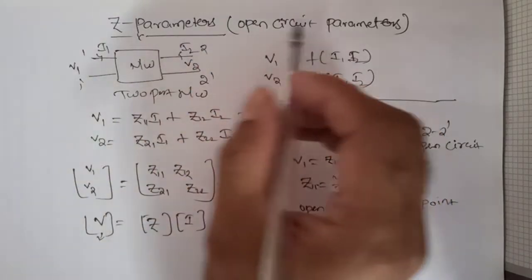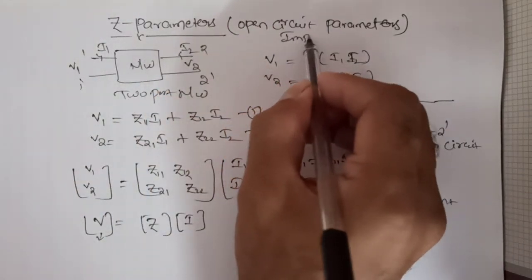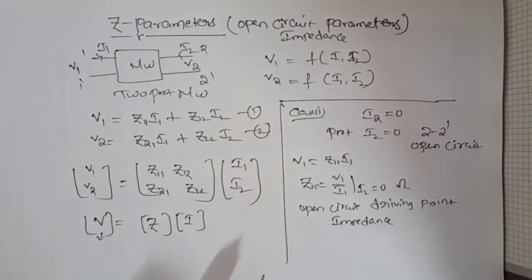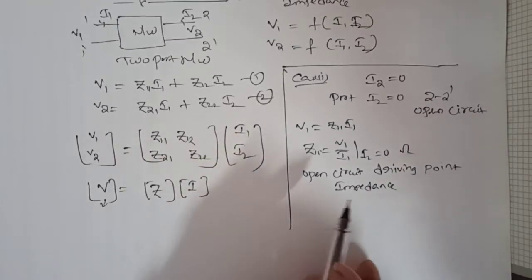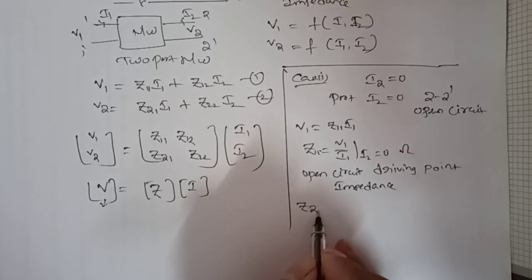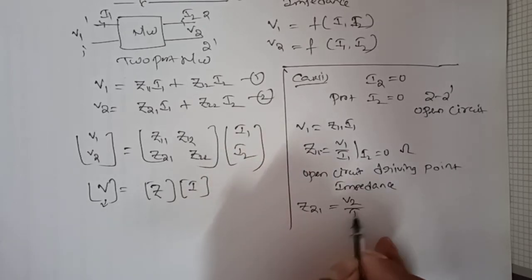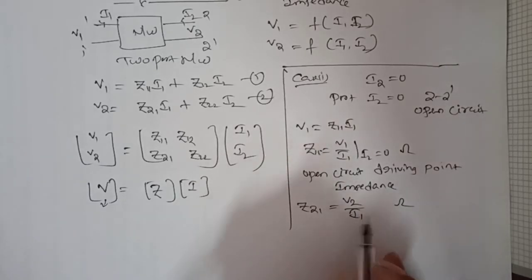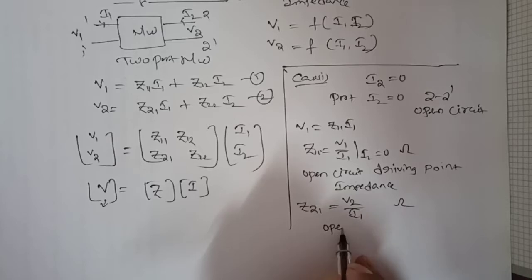That is why these parameters are also called impedance parameters. Because all parameters we get are V by I. Next, by using the second equation, whenever I2 is 0, Z21 is equal to V2 by I1. This is also an open circuit condition.